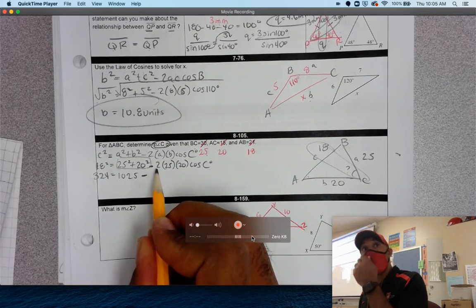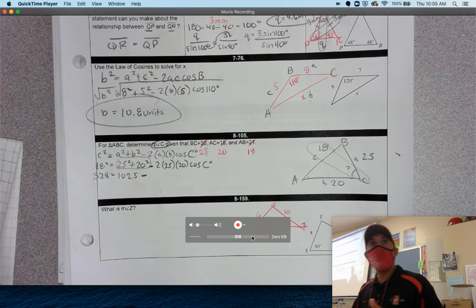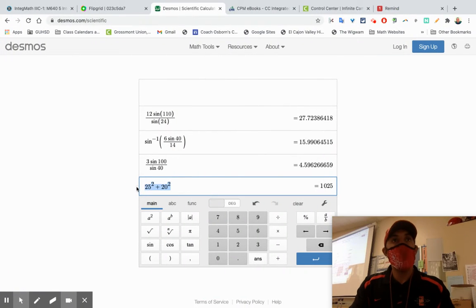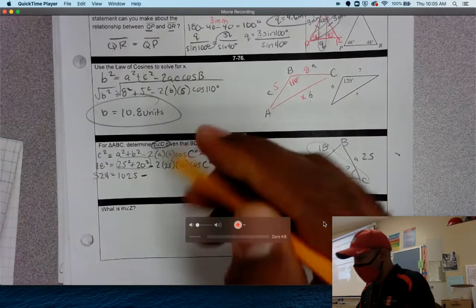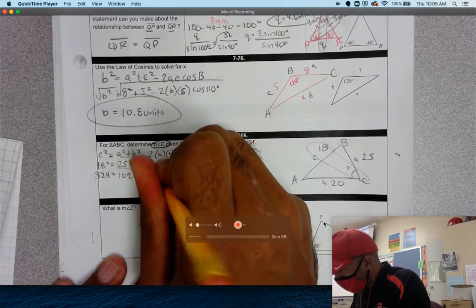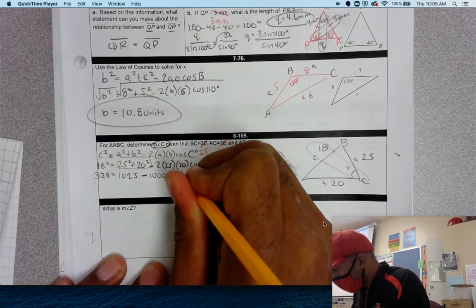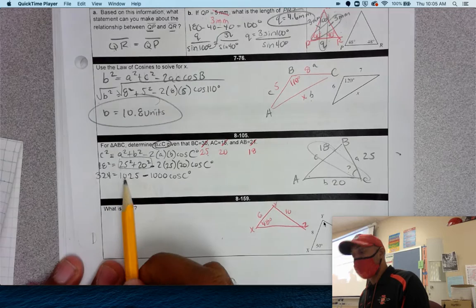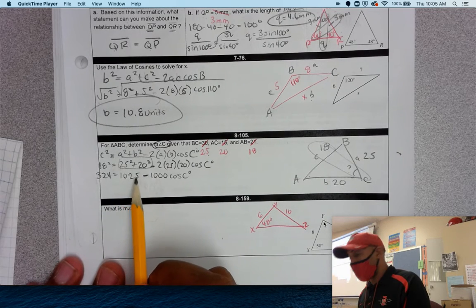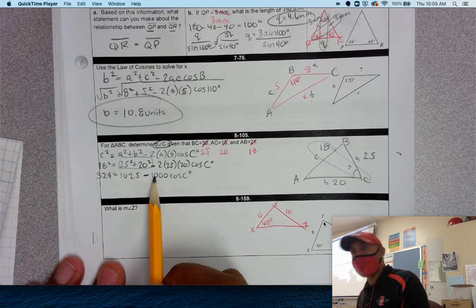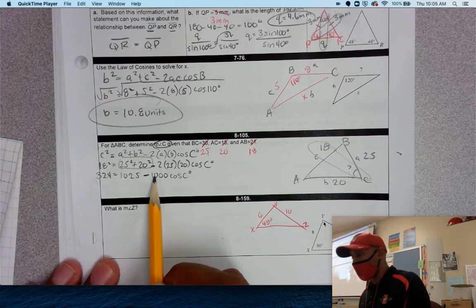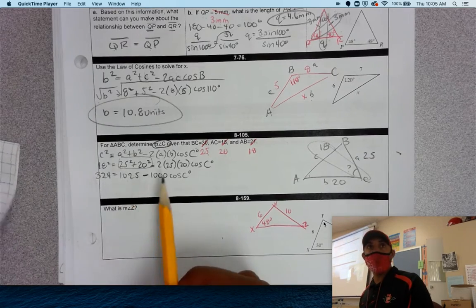And I'm going to multiply the 2 times the 25 times the 20. So 2 times 25 times 20 is 1000. And then times the cosine of c. Now, some of you guys, like Miss Menard pointed out in her video, might think, oh, let's do 1025 minus 1000.